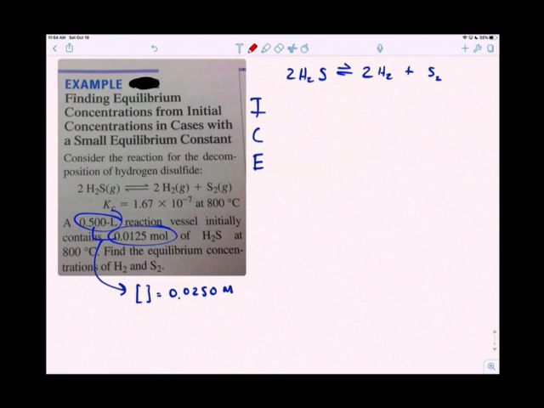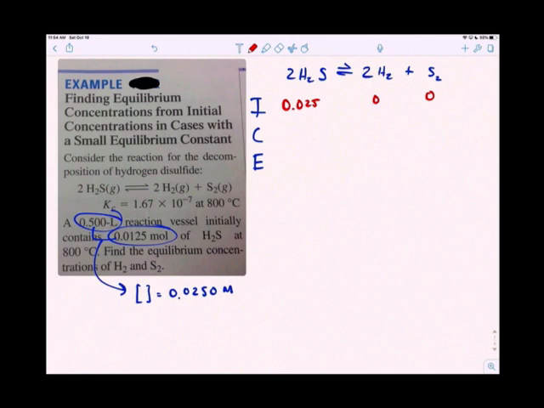So our initial concentration here is going to be 0.025 molar for hydrogen sulfide. What are the equilibrium concentrations of hydrogen and sulfur? Initially not listed, so we give it 0. Remember, concentration is moles per liter. I'm just glossing over that step.